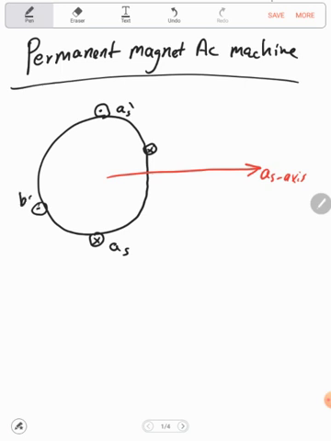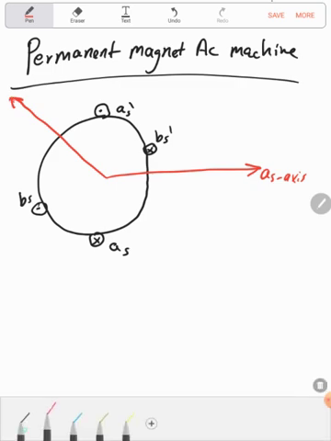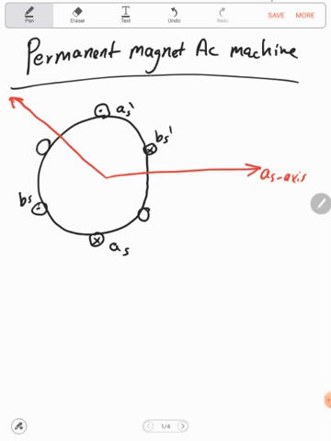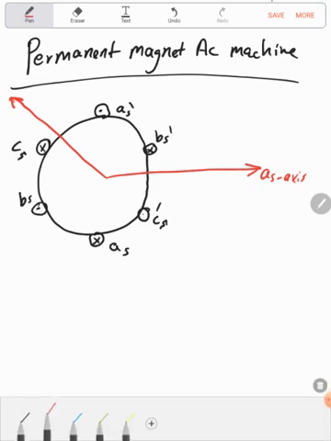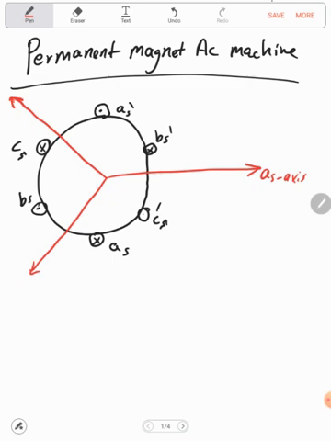So this will be the BS, this will be the BS dash, and this will be the direction of the induced voltage for the phase B. The same thing for the phase C. So let's assume those are the start and the ends for the phase C. So this is the CS dash and this is the CS, and this will be the direction of the induced voltage of the phase C, and this is the BS.